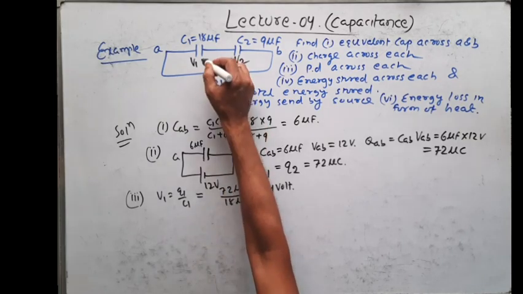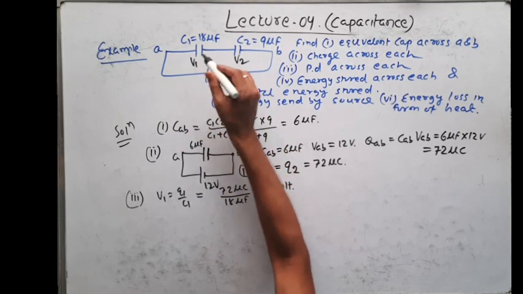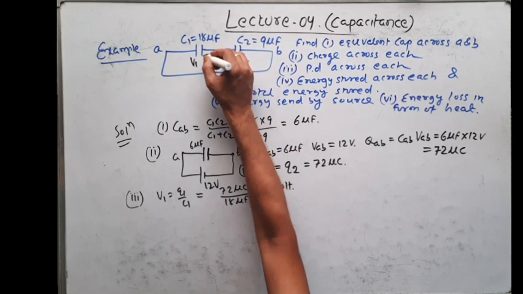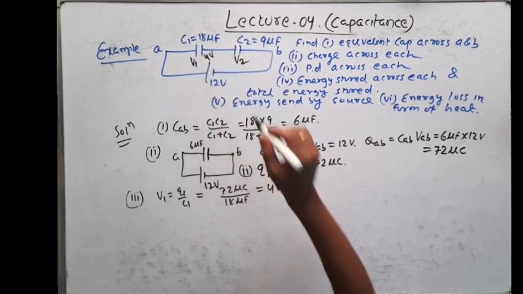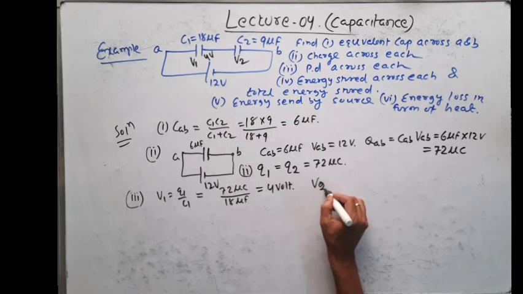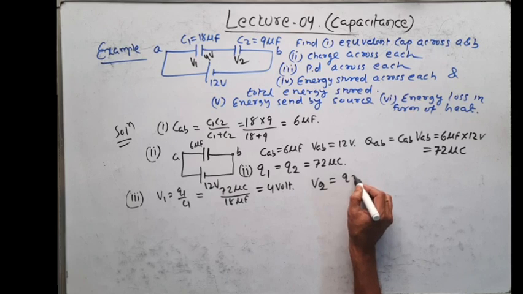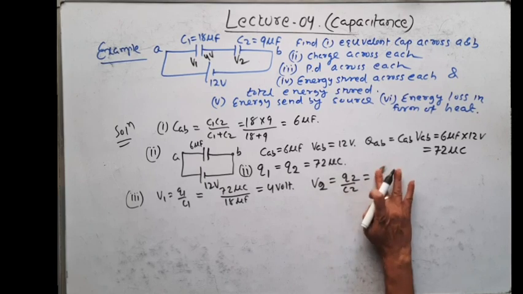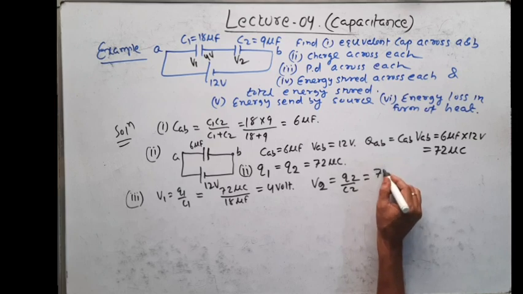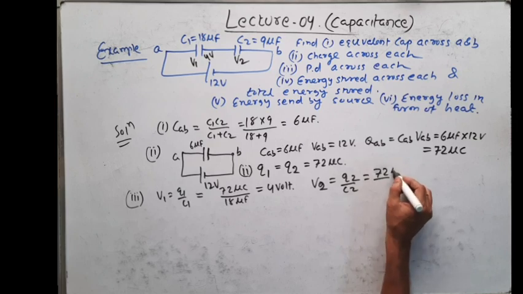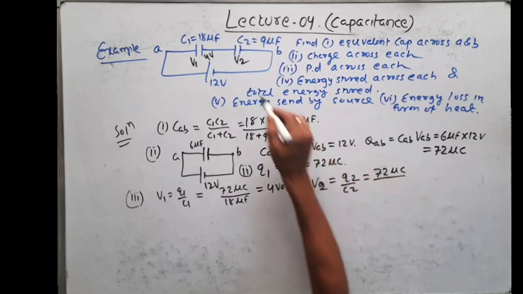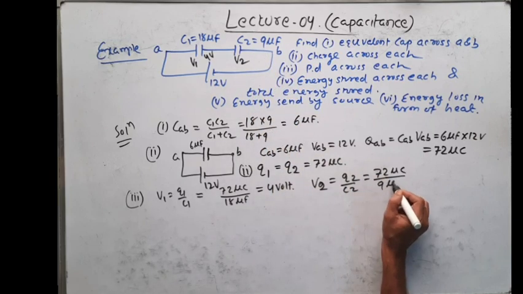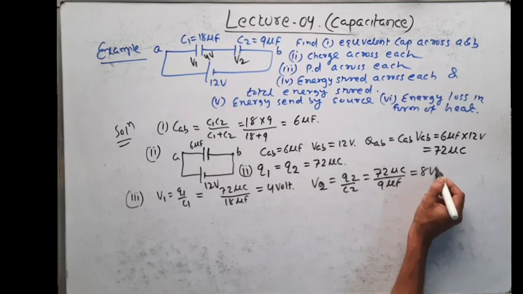This is the voltage across the first capacitor, V1 is equal to 4 volt. Then V2 can be written as Q2 by C2, which is 72 microcoulomb by C2, which is 9 microfarad, equal to 8 volt.